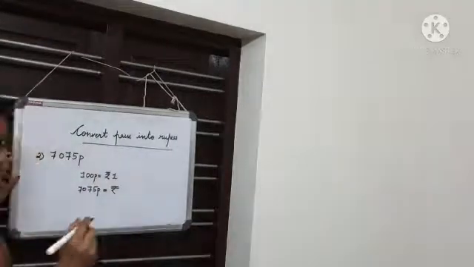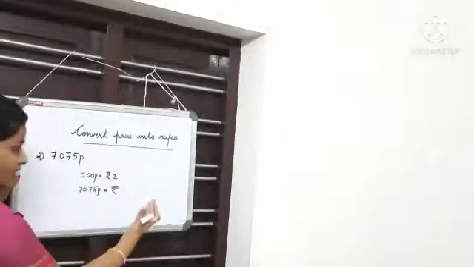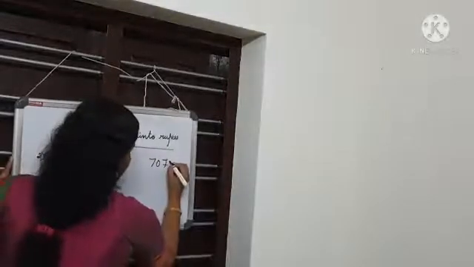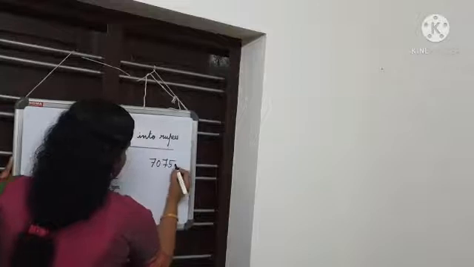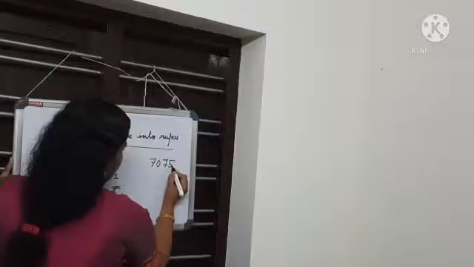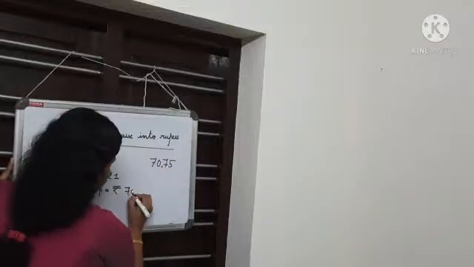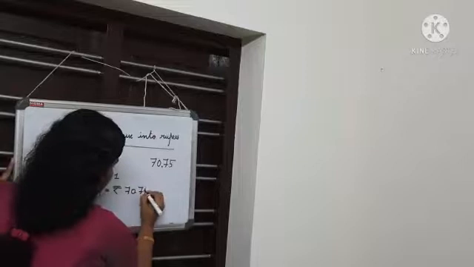Okay, I have done that. Next, start counting from the right. 1, 2. After 2 digits, put a decimal point. So the answer is 70.75.